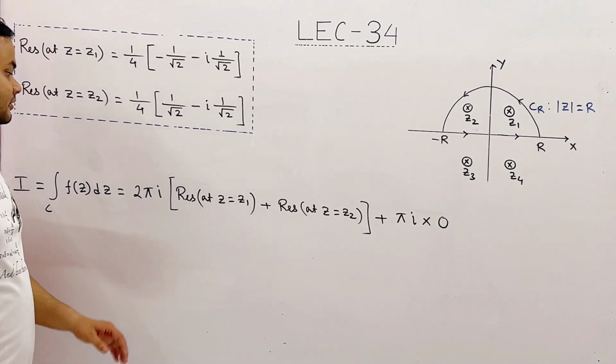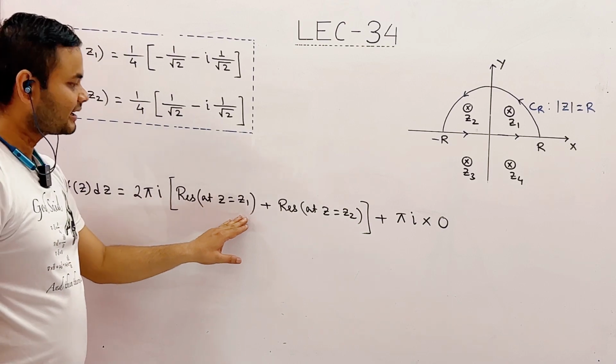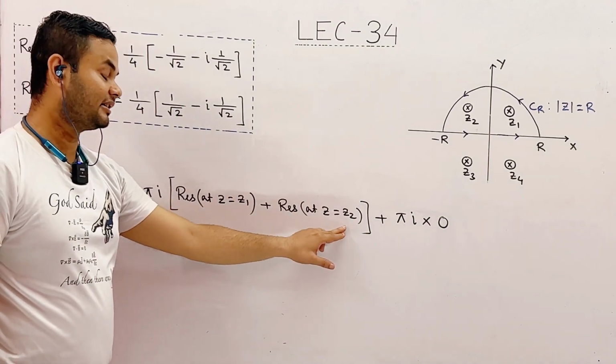Now, let us substitute the values of residue at z equal to z1 and residue at z equal to z2 here.